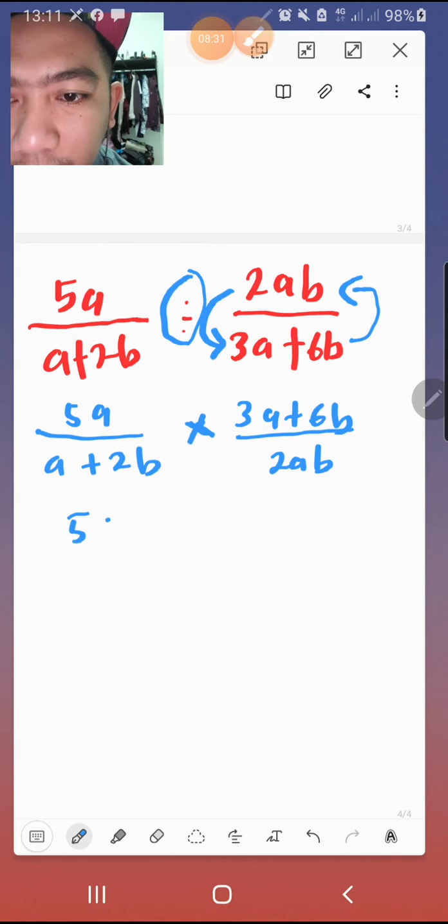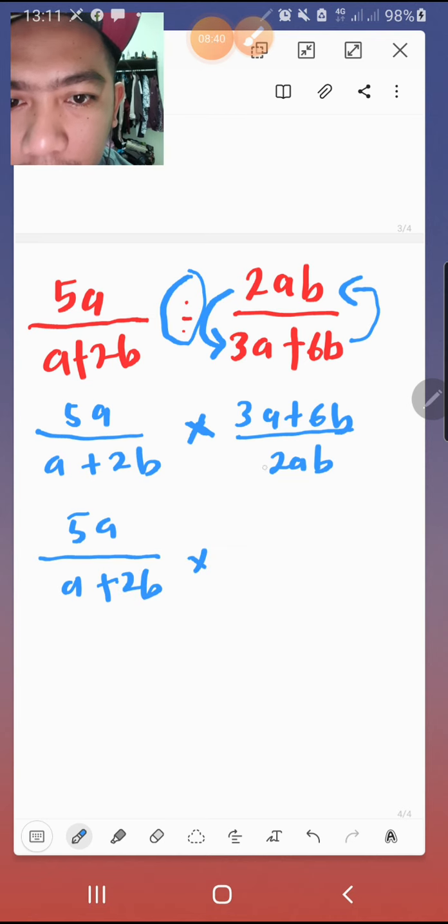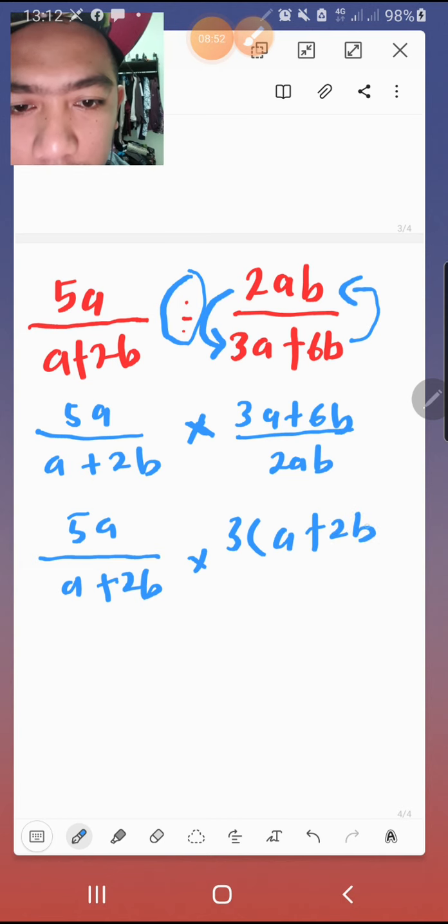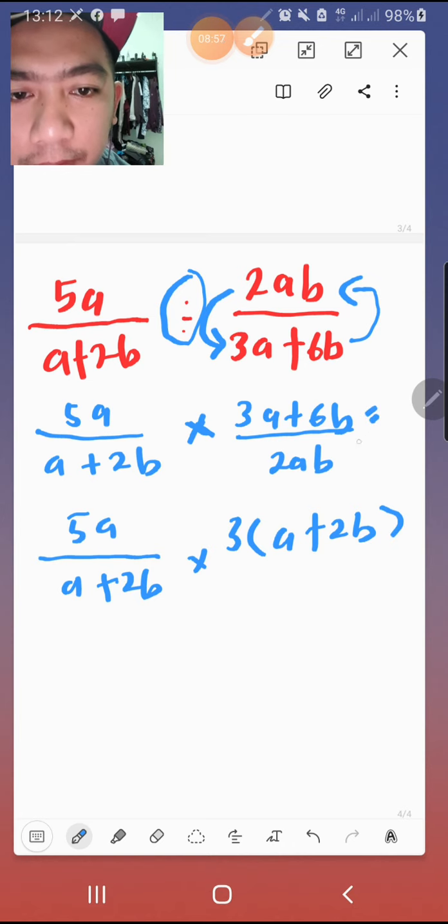Now try to factorize. 5a cannot be factorized. Here also cannot be factorized. Here you can factorize: take out 3, so 3 times a plus 2b, because 3 times 2b becomes 6b.